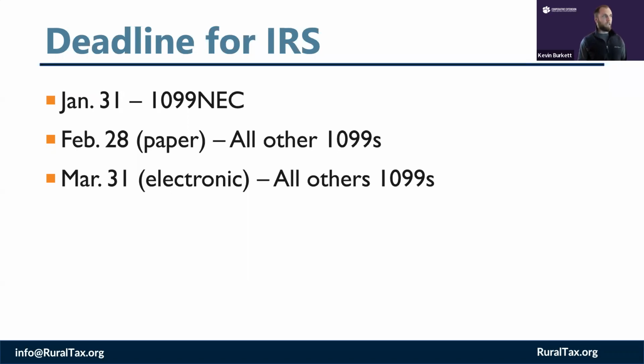Or if we're filing electronically, then we have basically another month to file those. And so we'll talk a little bit more about the difference between paper and electronic. But again, by paper, February 28th. If it's electronic, then we get until the end of March to do that. But the 1099 NEC, whether it's by paper or electronic, has to be by the end of January.